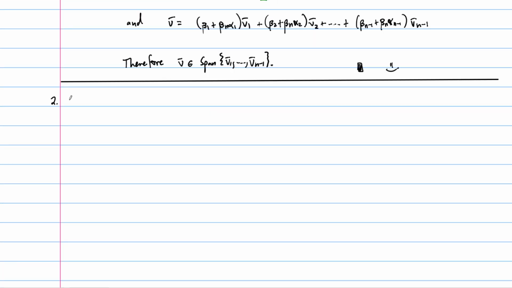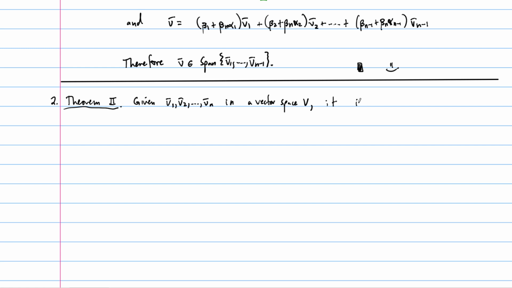Okay, here's theorem number 2. Theorem 2 says the following. Given our n vectors again, let's say we're given vectors v1, v2 through vn in a vector space V. It's possible to write one as a linear combination of the others. So this is now a question of when it is possible to do what we just did.